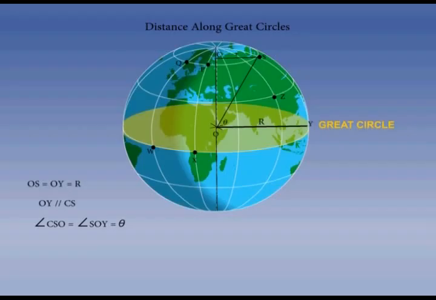From the right angle triangle OCS, cos theta is equal to CS over OS and is equal to r small over r capital. And therefore, r small is equal to r capital times cos theta. The radius r small of a small circle is equal to the radius of the Earth times the cosine of its latitude.